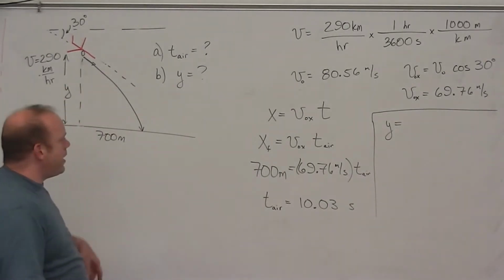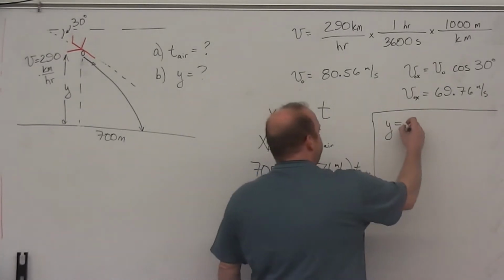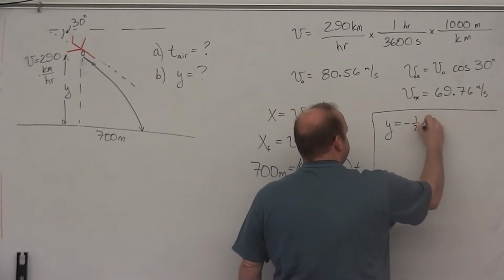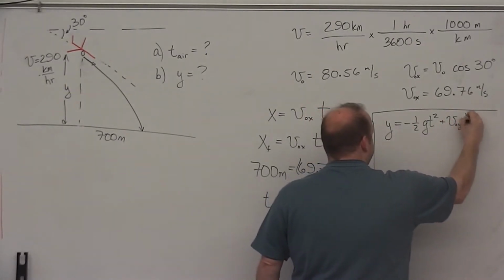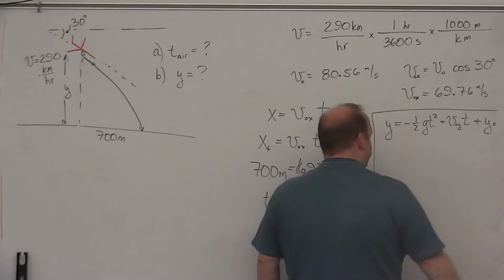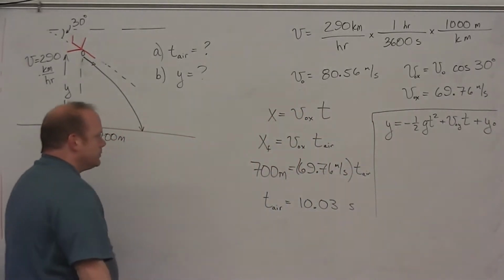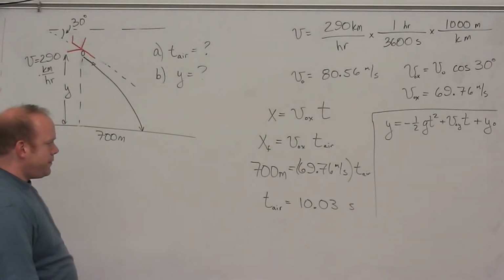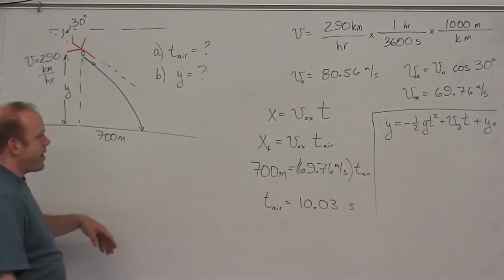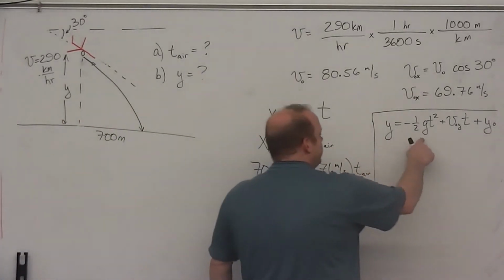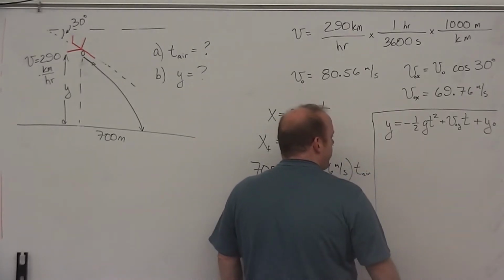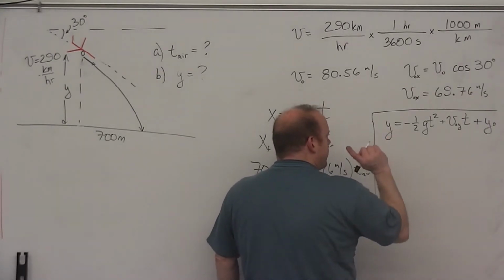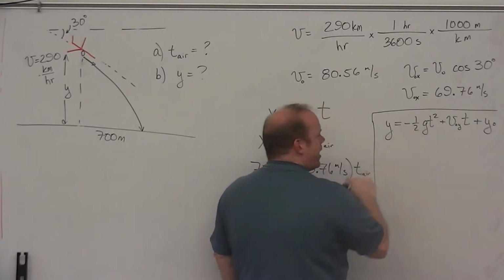So now, this is going to be negative 1/2 gt squared plus v0y times time plus y0. Well, here's the thing. Okay, I know g. I can get v0y. And I know y at a particular time.